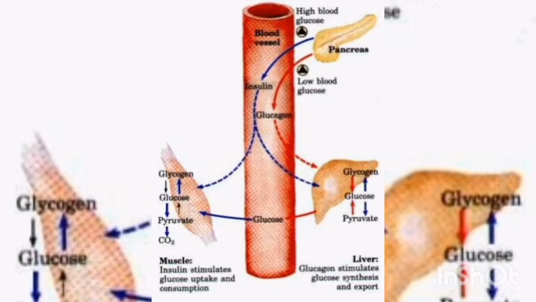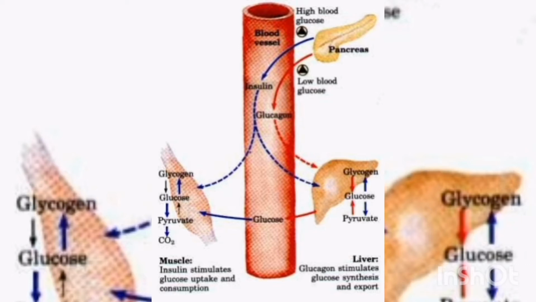There is a family of these called the GLUT, or known as the glucose transporter. This GLUT is a wide group of membrane proteins that facilitate the transport of glucose across the plasma membrane, which is a process known as facilitated diffusion.